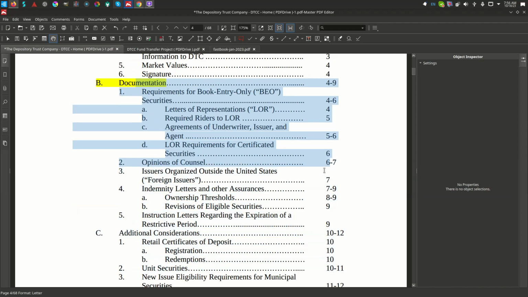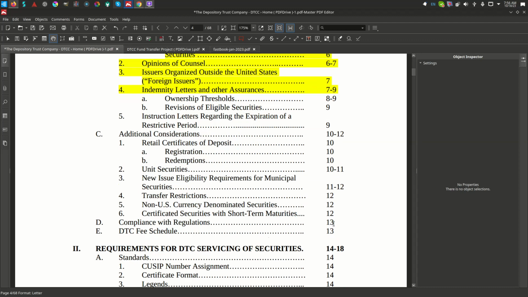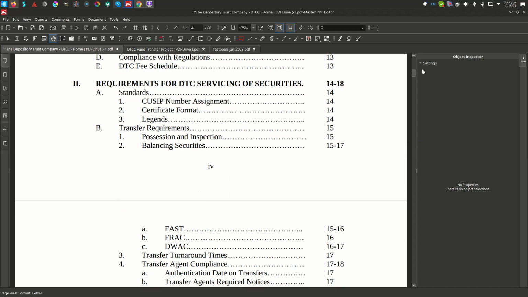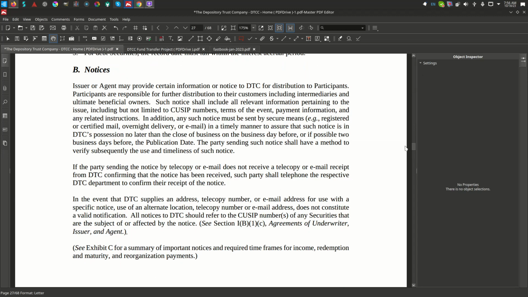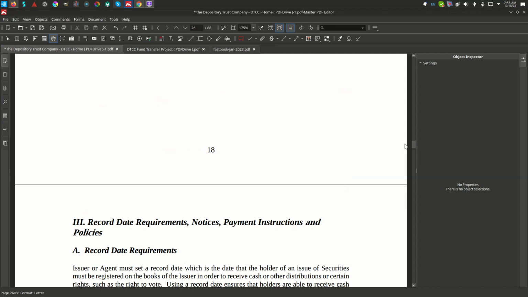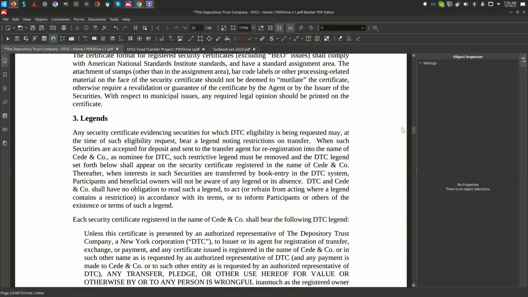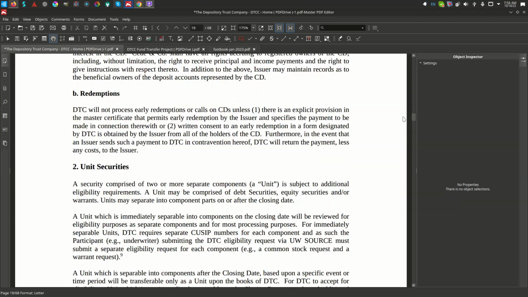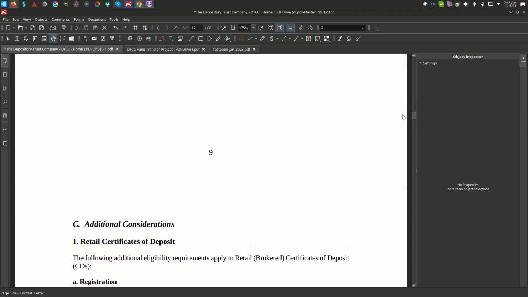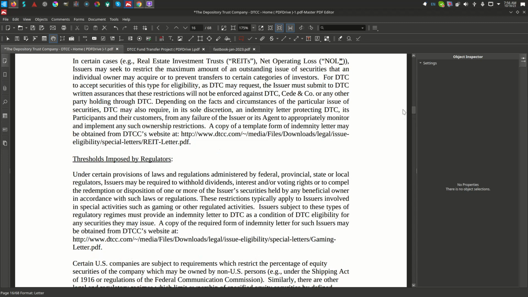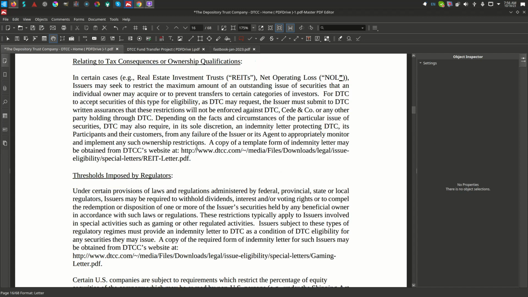I'm just going to put my cursor and stop on a particular subject line, 7 and 9. Let's go to D, 7, page 7, page 9.